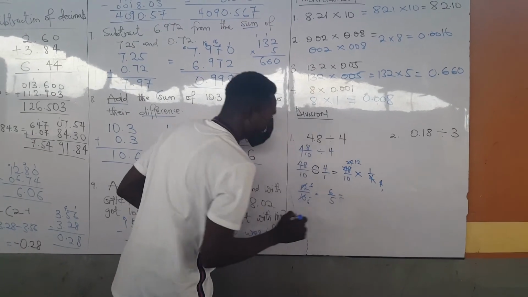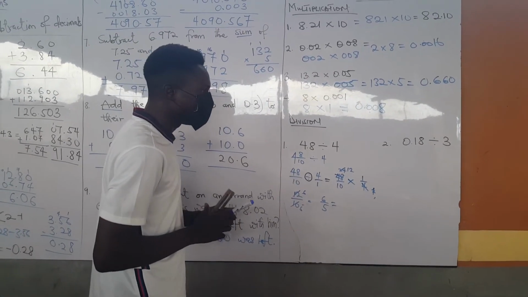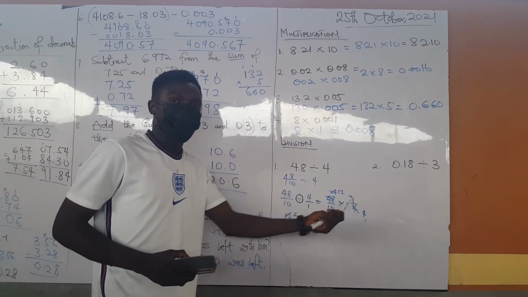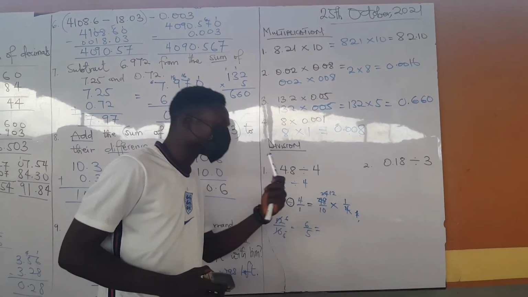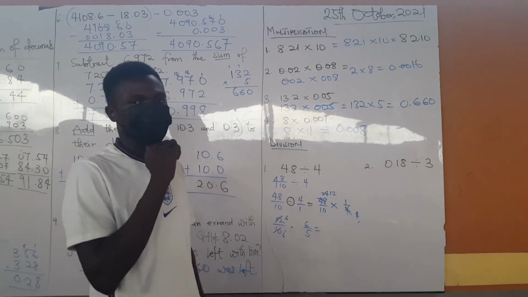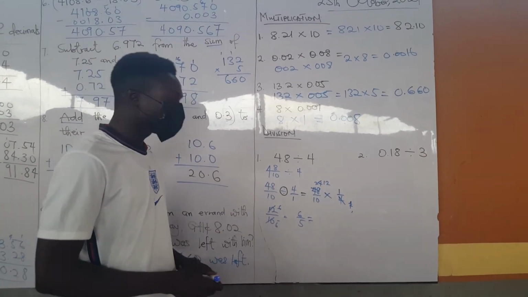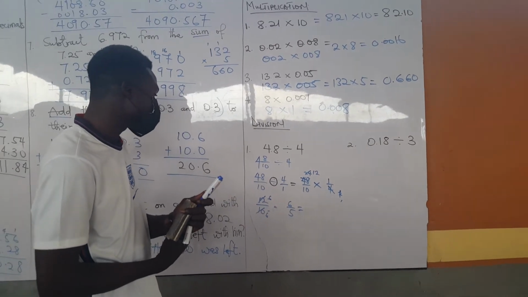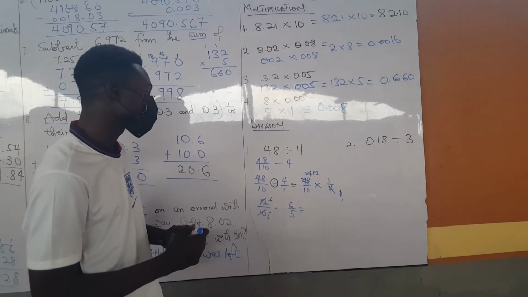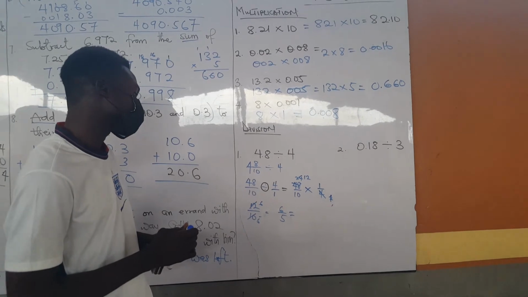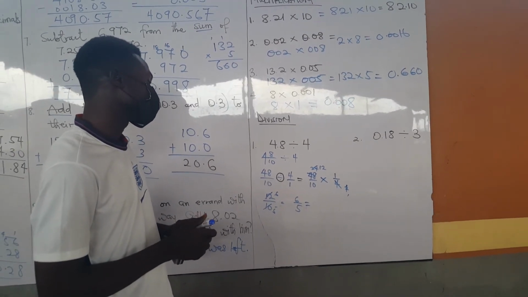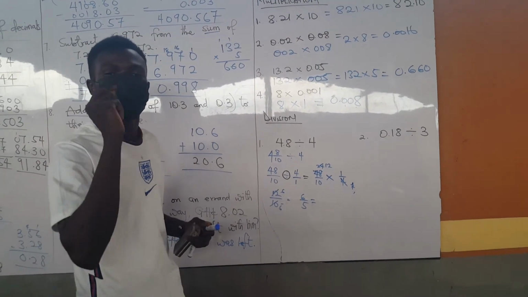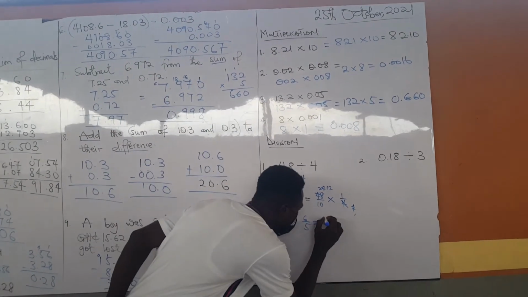Now I can't leave my answer here. Why? Because I am dealing with decimals. So I have to change this into decimals. You are going to get 1.2 if you change this into decimals.